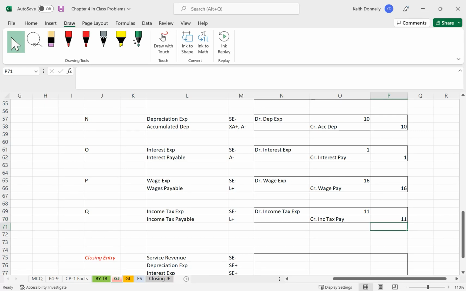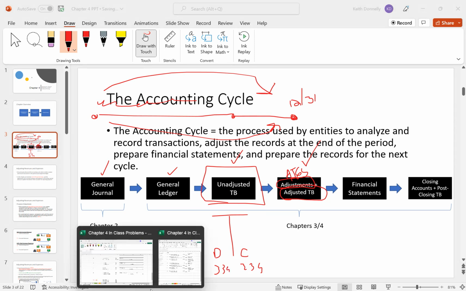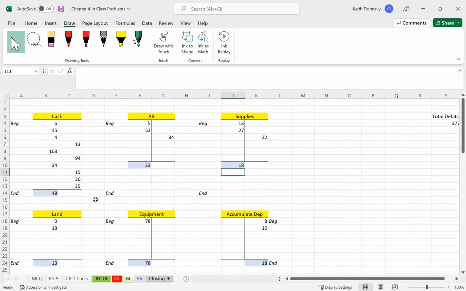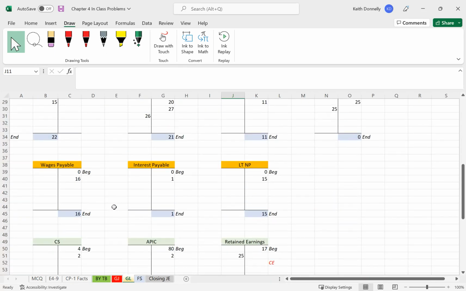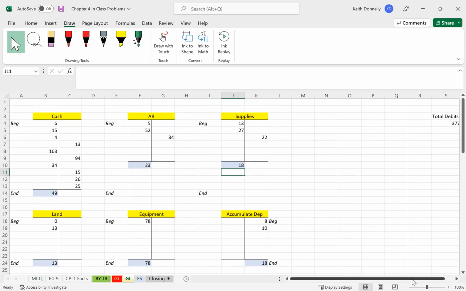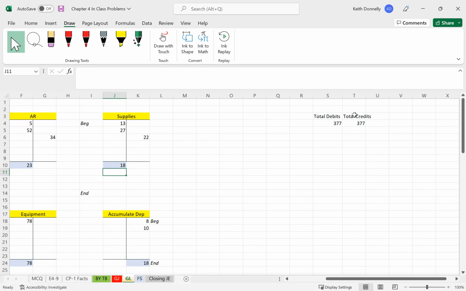Okay, so what we've now done are the AJEs. Now we have to do an adjusted trial balance, and I've already done that. Our AJEs are built into here; every time we did those AJEs, they carried over. This is the equivalent of our adjusted trial balance.